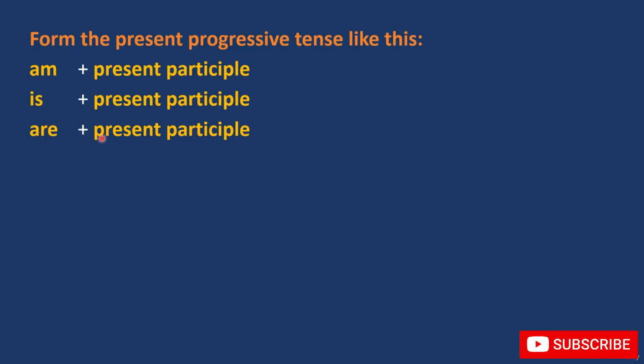Surely you remember that we use I am, he is, she is, it is, we are, you are, they are. If I use any singular noun like the word Tom, I say Tom is, but Tom and Jean are.